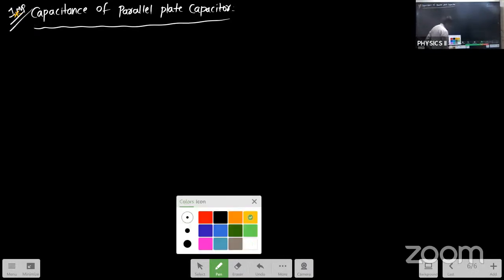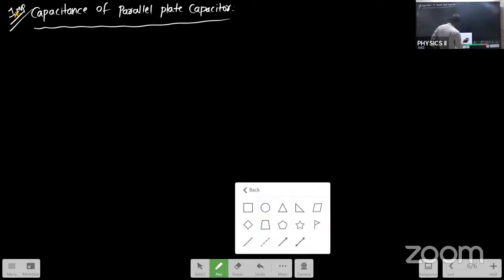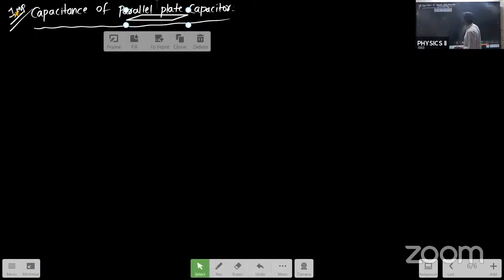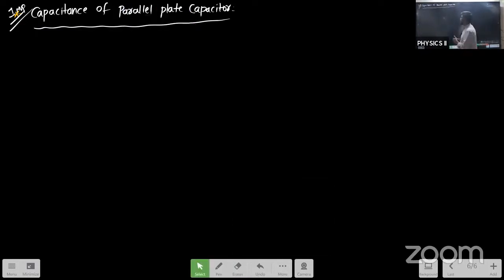Now everyone carefully see here. Which type of capacitor do we have here? We have a parallel plate capacitor. Let us draw the diagram for this parallel plate capacitor. Let me consider one parallel plate which is arranged something like this.